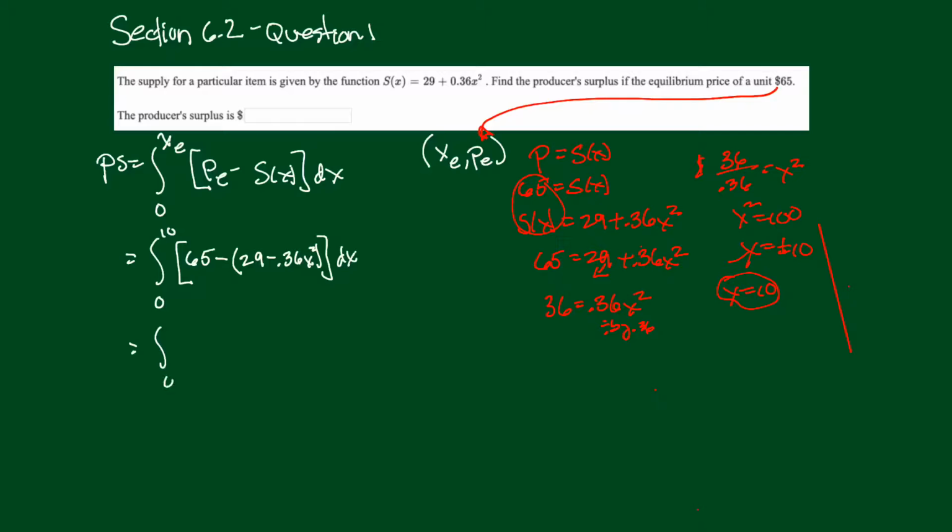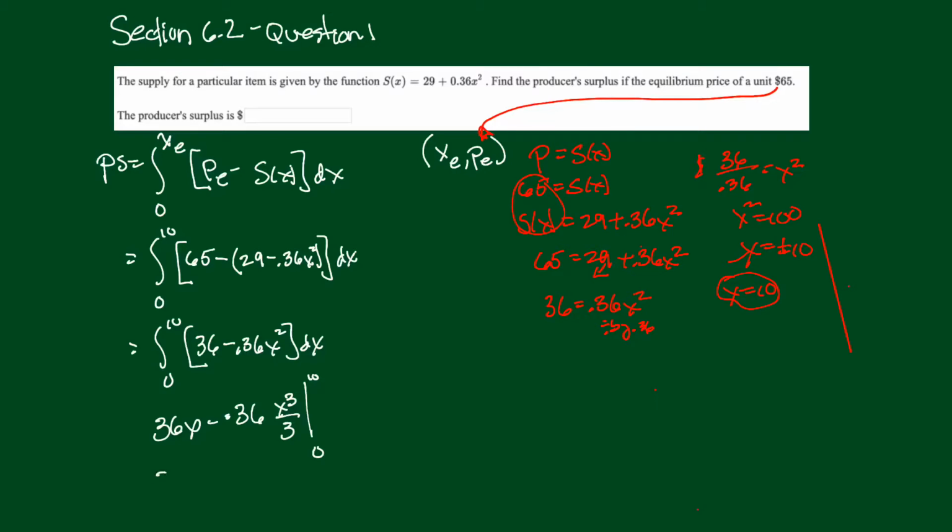This will be the integral from 0 to 10 of 65 minus 29, that's a 36, minus 0.36x squared dx. Let's evaluate this integral. So integrate the 36, we get 36x minus, now here we get 0.36, we're going to get x cubed over 3, and we're going from 0 to 10.